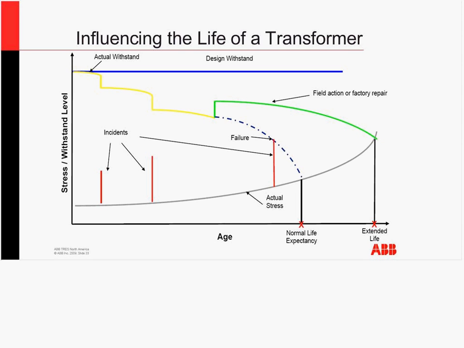And now we're following this green curve, and you can see that we've extended the life of the transformer. But I would also point out that we have control over the stresses the insulation sees as well. If we are aware of the condition of our insulation systems, we can target or label transformers on our system and say, hey, maybe this thing isn't severely wet, but for whatever reason it's severely aged. And you know what?